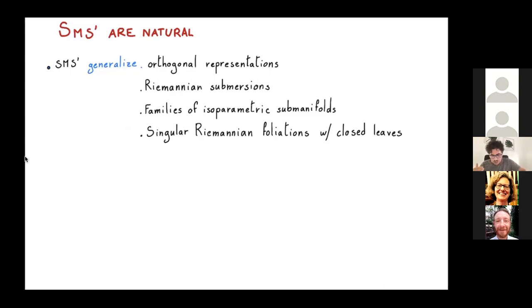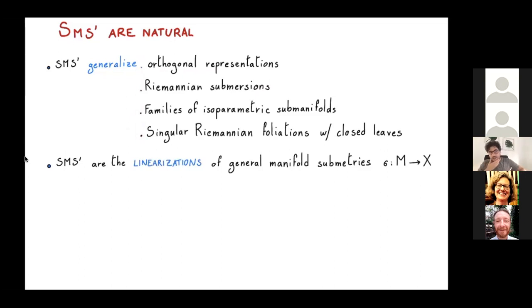So the point is that all these objects have this common property of being representable as a spherical manifold submetry. Another property of these spherical manifold submetries is that they represent the infinitesimal approximation of a general manifold submetry.